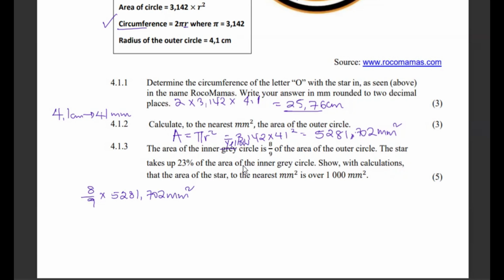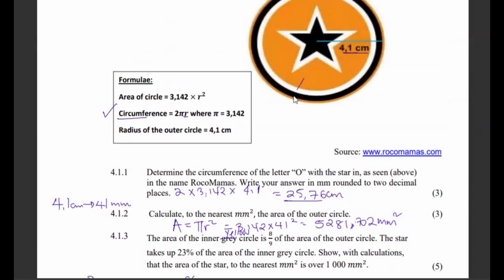Let's multiply that by 8/9. So we have an area of this much. This is the area of the so-called gray area, this yellow part here.